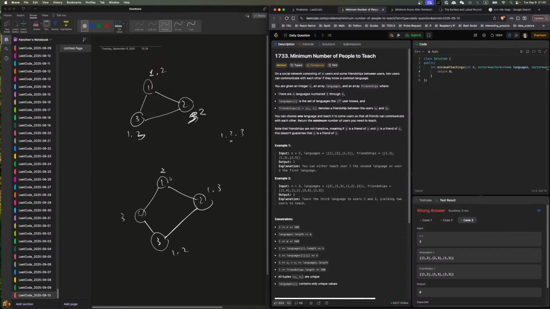And if they do share, then we say, okay, we don't have to change. But then you do 1, 2, then 3, and then you say, okay, we have to change there. But in order to change there, you will have to change. Say 1, 2, they're already talking a language, and 2, 3, they don't.